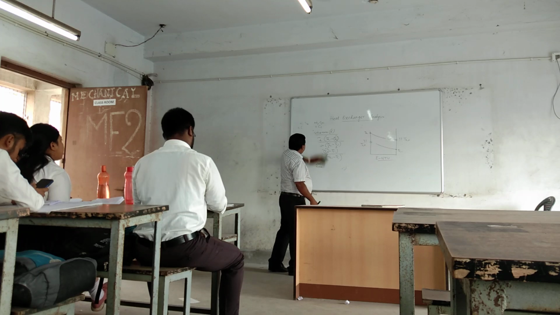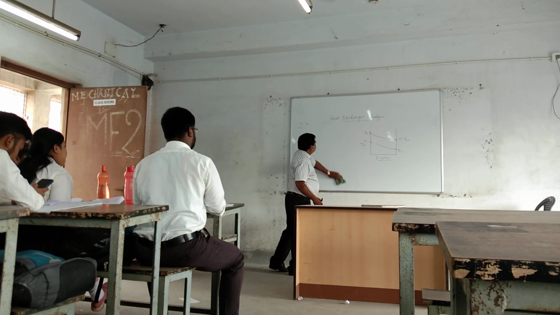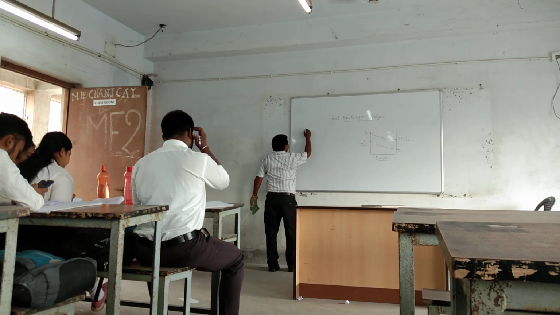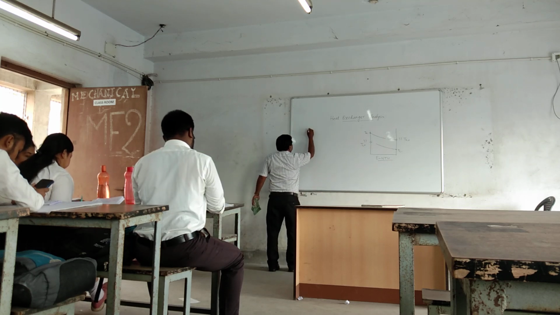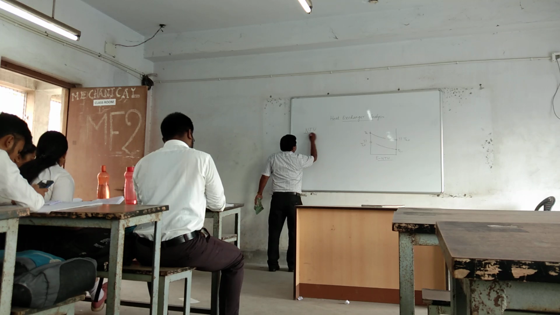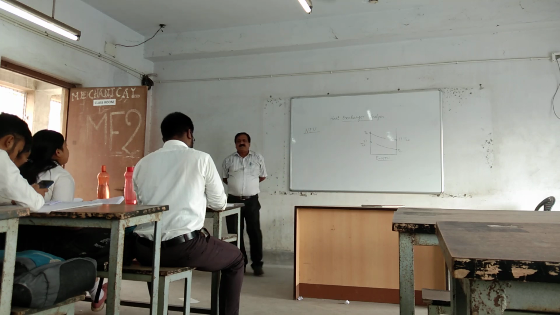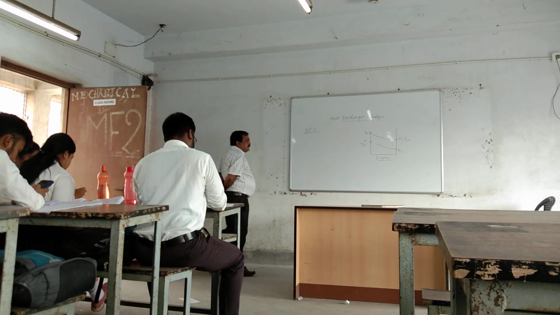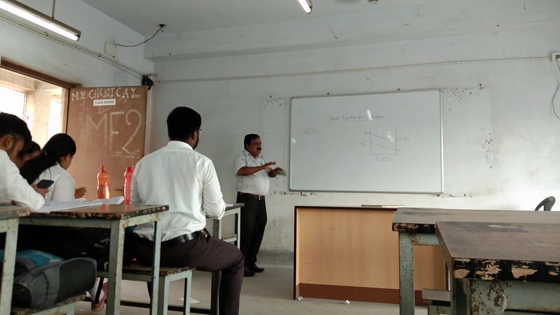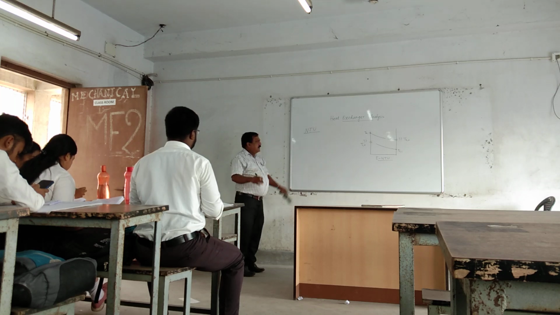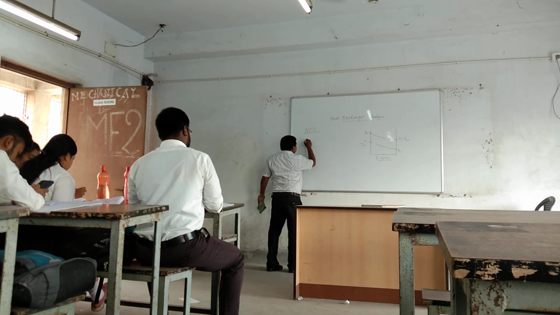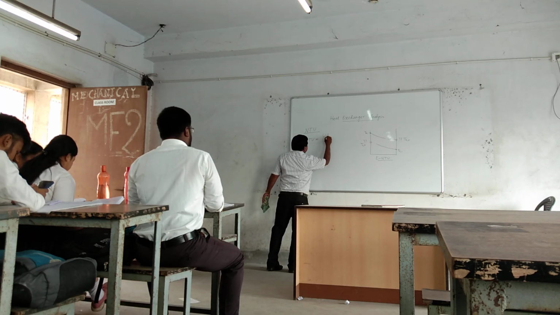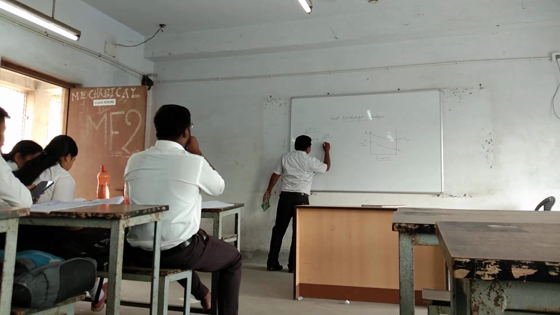Then another term is known as NTU, that is number of transfer units. NTU defines the size of the heat exchanger. It is defined as NTU equals UA by C minimum.